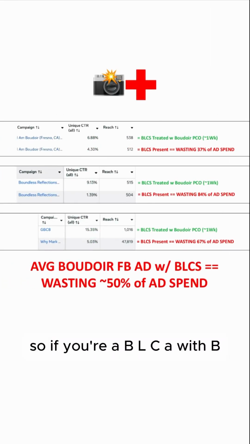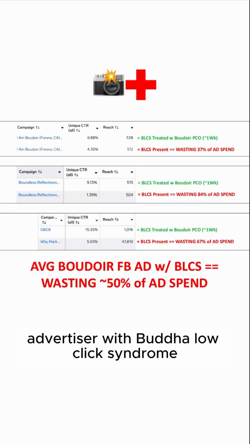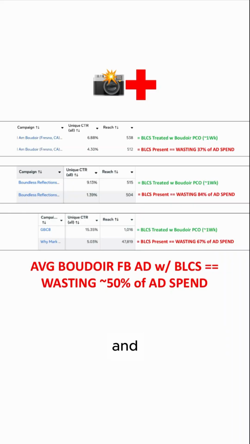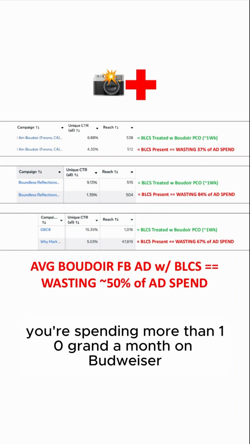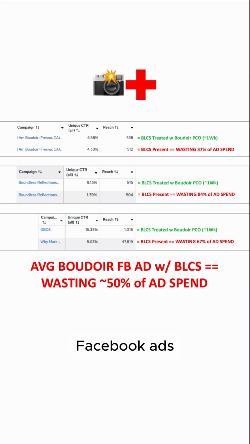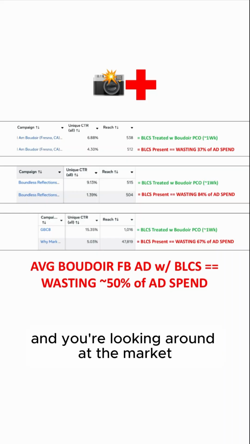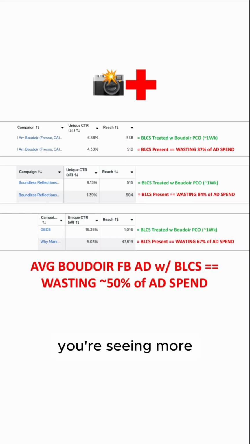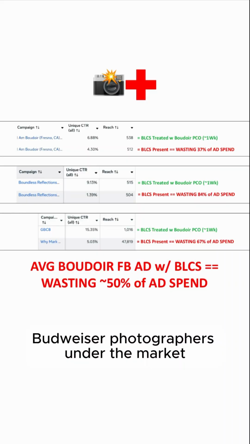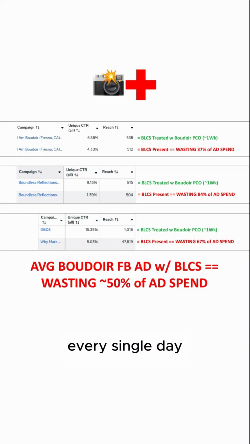So if you're a BLCA with BLCS, a boudoir low click advertiser with boudoir low click syndrome, and you're spending more than 10 grand a month on boudoir Facebook ads, and you're looking around at the market, you're seeing more boudoir photographers enter the market every single day.